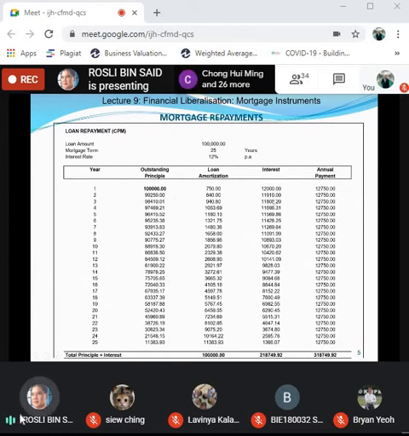And then we impose the interest rate again on the capital outstanding at the rate of 12%.